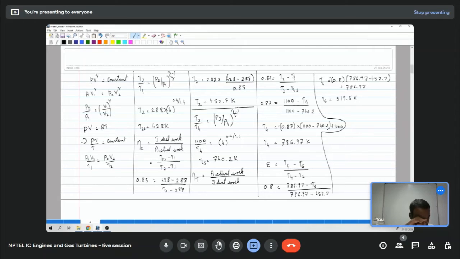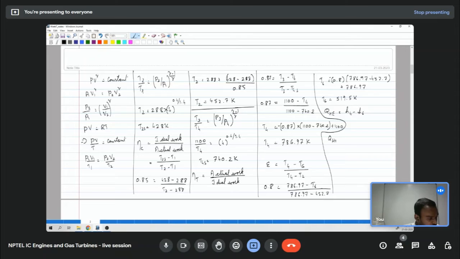So now we know the heat transfer in the heat exchanger, that is H4 minus H6.